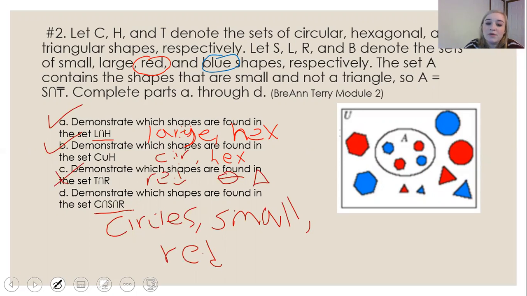So they must be only circles that are small and red. So that only gives us this right here. So now we've done all these. And this seems kind of self-explanatory, but really it's just teaching us how to look at these unions and intersections and determine what they're going to be.